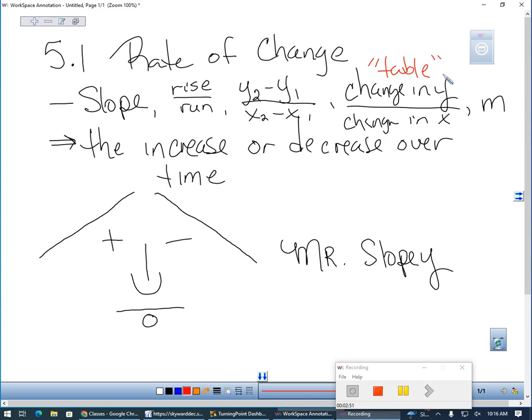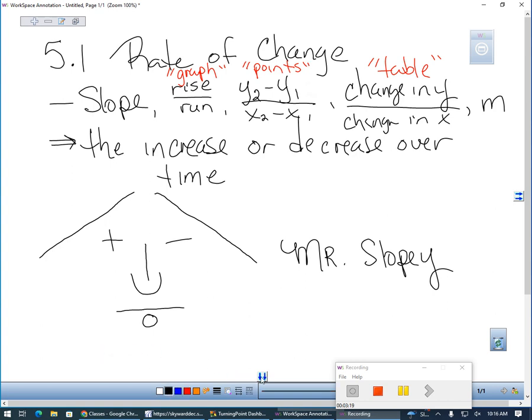If I have a graph that I'm looking at, then I am going to do rise over run. So I use this one when I have a graph. And if I have 2 points, then I am going to use the equation one. So this is if I have points. So we're going to have different opportunities depending on what we are doing today.